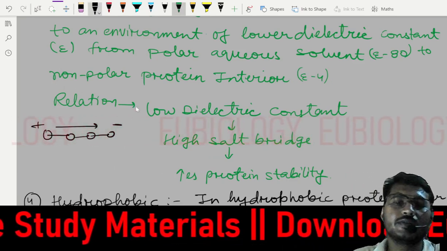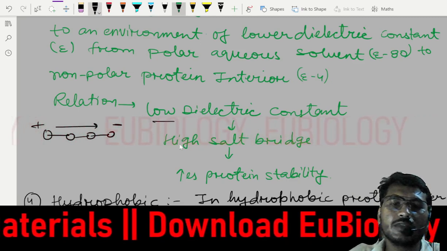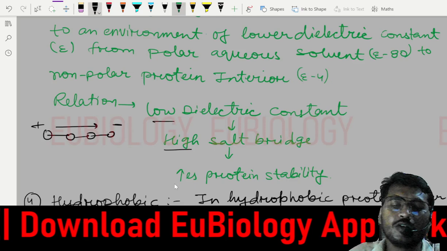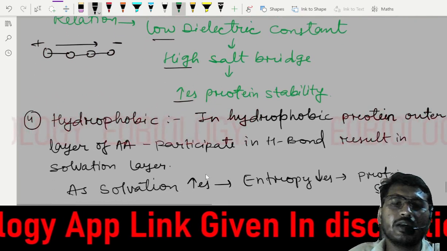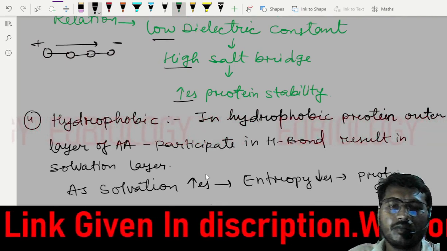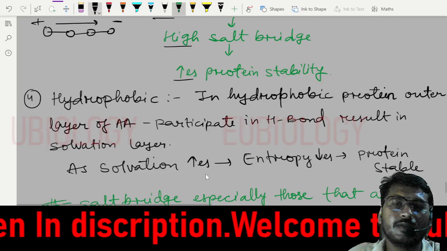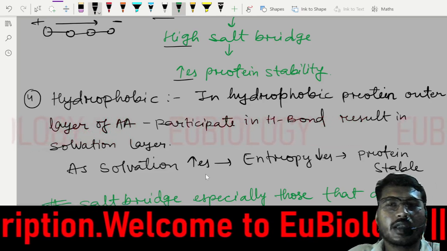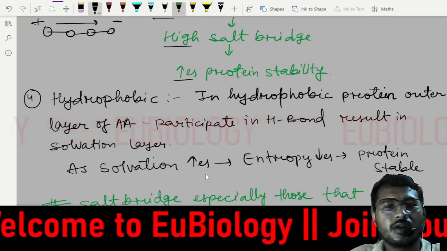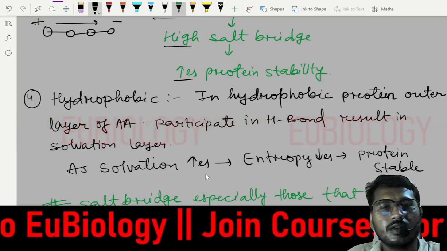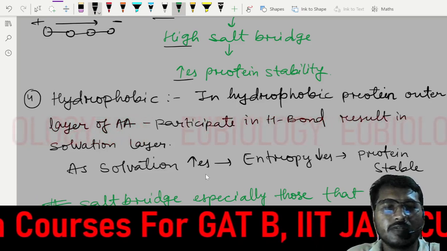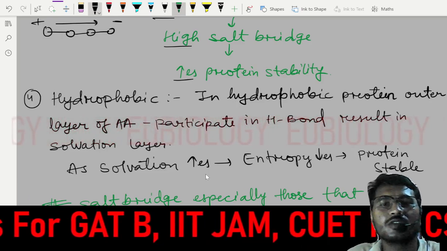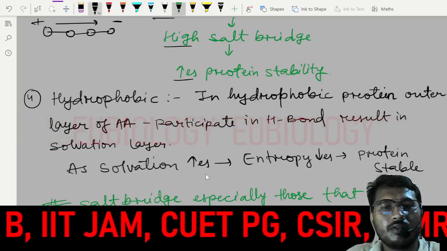As you can see here, low dielectric constant means high salt bridge, and high salt bridge means an increase in protein stability. Hydrophobic stability is because the protein is a kind of not liking water, having a phobia of water. Whenever the water phobia is there, mostly the solvent will be water only.